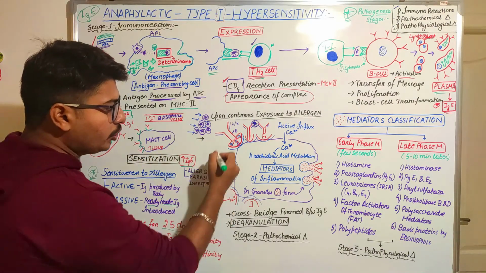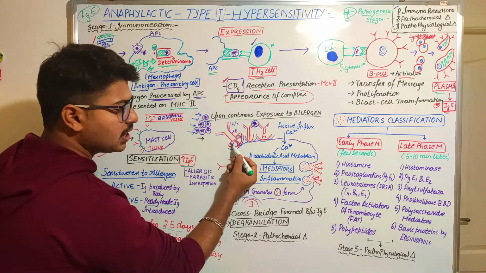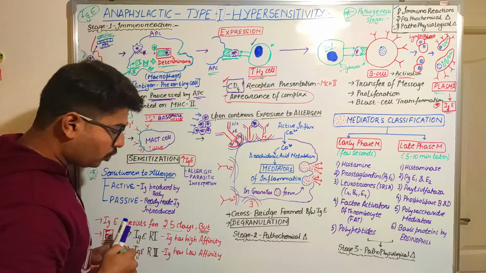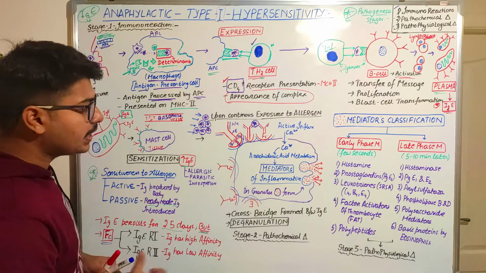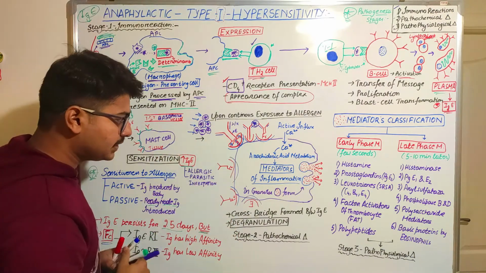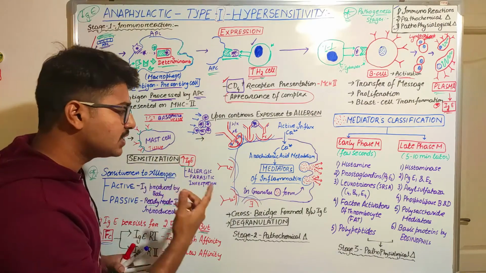You can see the structure over here. It has two alpha units, alpha 1 and alpha 2, and two beta units, beta 1 and beta 2. The next question is: if it receives the IgE, then it should have a certain kind of affinity. And what is that affinity?